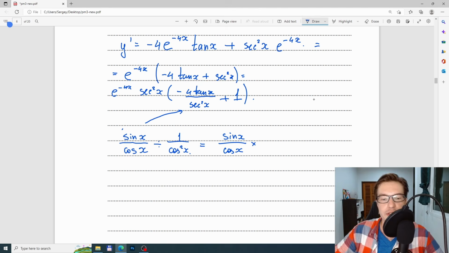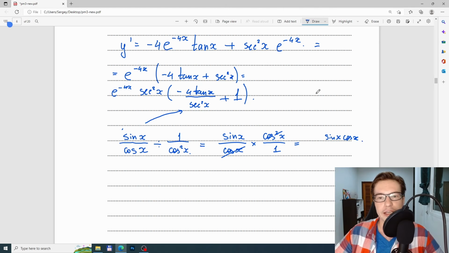Now, what we have to do is to flip the second fraction over, so we get cosine squared x over 1, and we can simplify this fraction, cancel out cosine x, and we've got sine x cosine x.